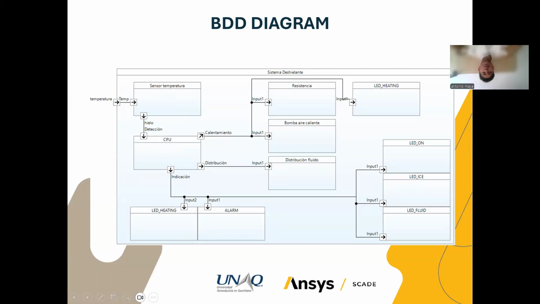It's supposed to be data in a more developed project and a more advanced version of this. But right now we only have this CPU, which corresponds to the Arduino board, and it's going to pass the measurement of the temperature sensor to the other subsystems.